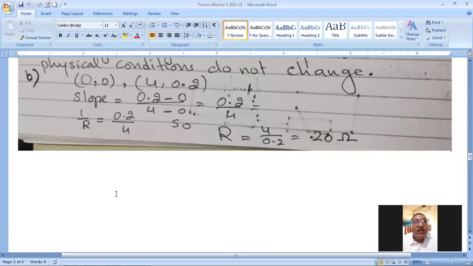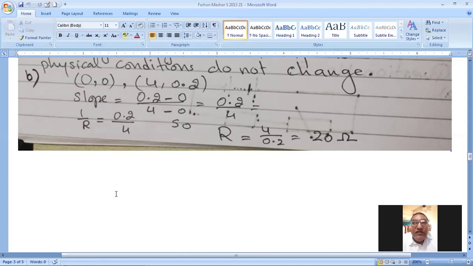So I have taken 2 points on that graph. I've noted down their coordinates, and one point is 0, 0. The other point is 4, 0.2. So I have found the slope. 0.2 minus 0 divided by 4 minus 0 equals 0.2 divided by 4, and we know that the slope of this graph is equal to 1 by R. So 1 by R is equal to 0.2 divided by 4, cross multiplied.